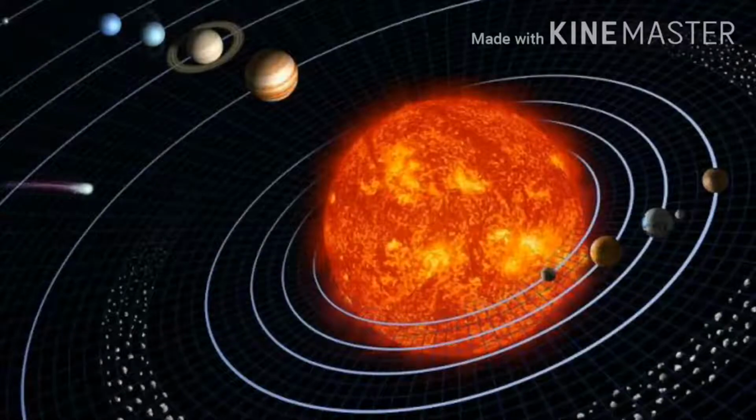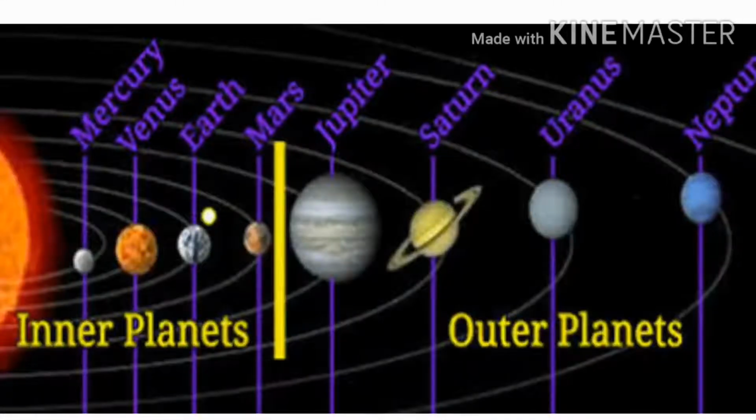Yes. What are inner planets? Mercury, Venus, Earth and Mars are the inner planets. And what are outer planets? Jupiter, Saturn, Uranus and Neptune are the outer planets.